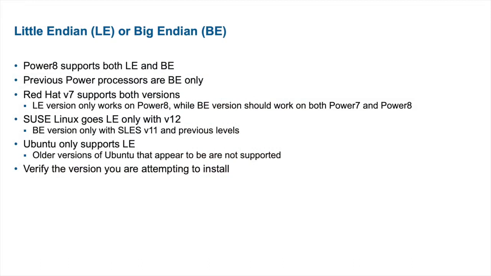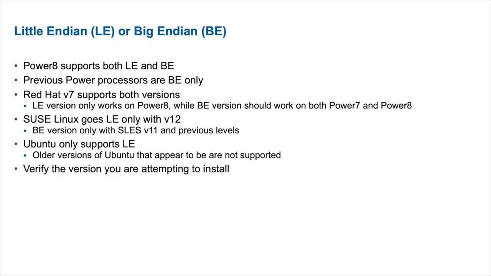IBM Power Systems used to be primarily Big Endian a few years ago, but now supports Little Endian too, and Little Endian has become the memory storage method of choice. For example, Red Hat Enterprise Linux since version 7 has supported both versions. If you or your client is using Power 7, note that it's likely you're using the Big Endian version.